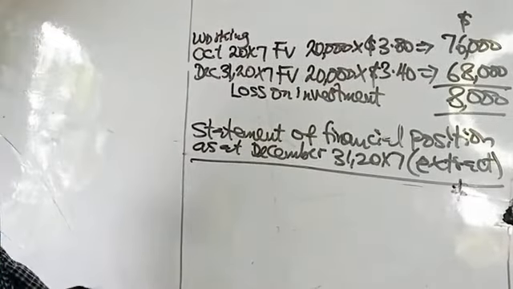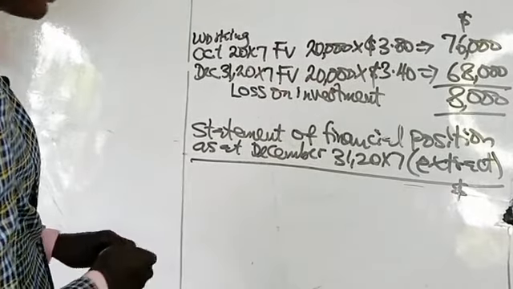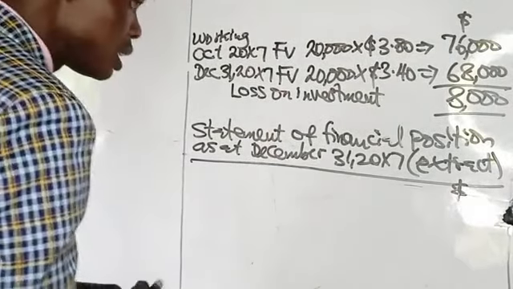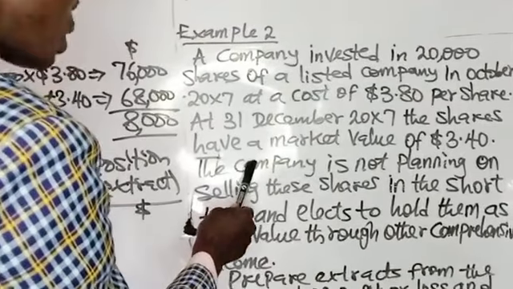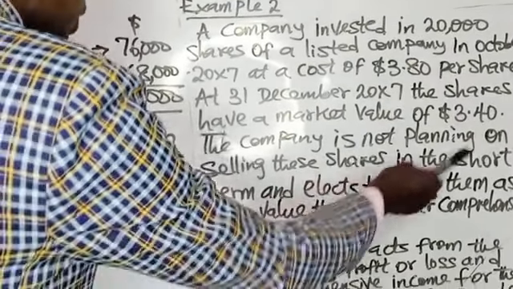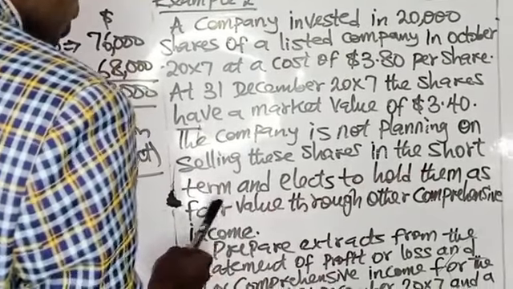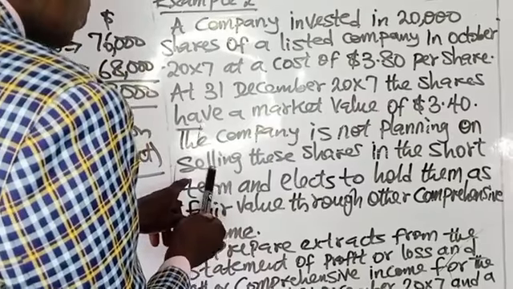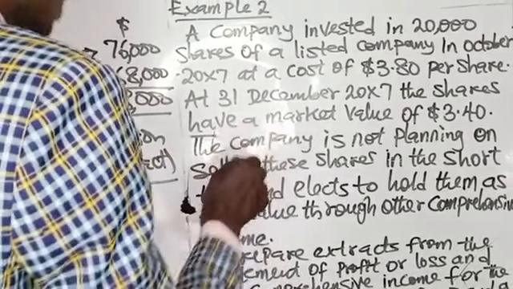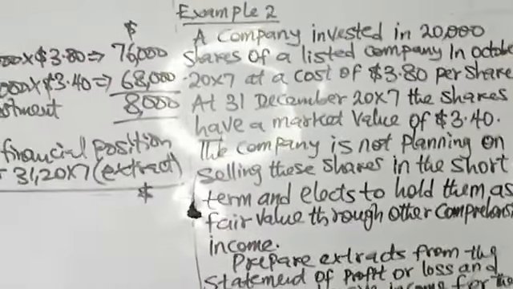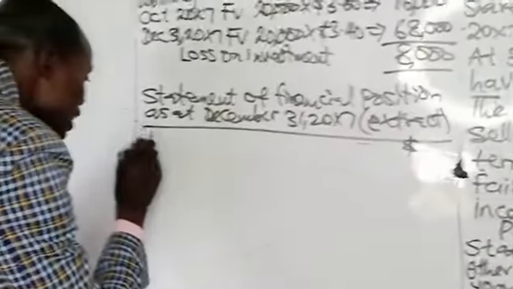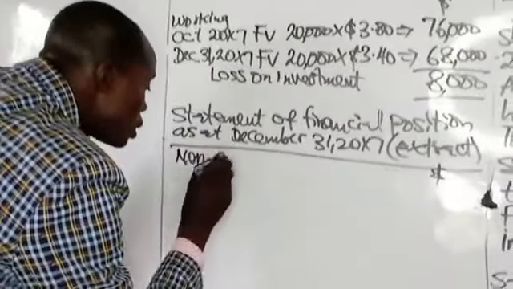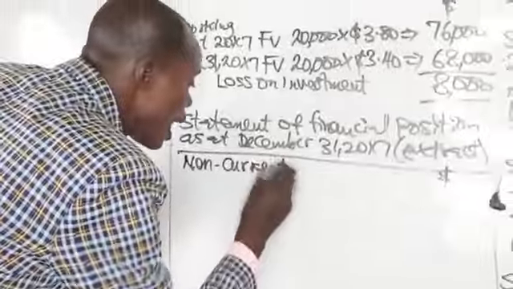Since the investment is not held for trading purpose, the company is not planning on selling these shares in the short term. That means they'll be held till maturity. Then you will need to recognize this as non-current asset. So we go under non-current assets.